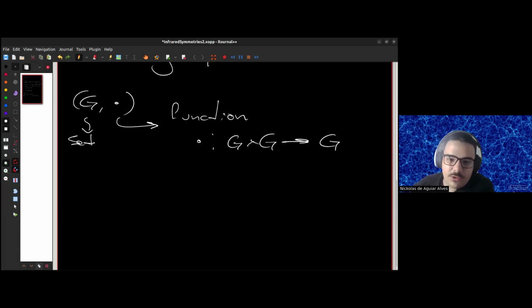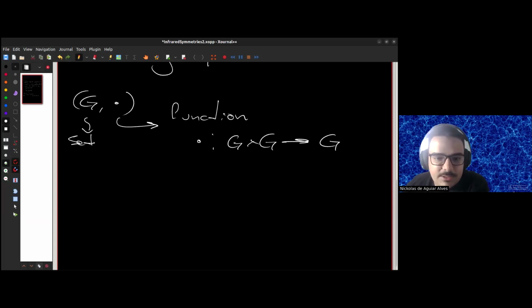This function is sometimes also called the product, the group operation, and so on. The terminology varies a little bit, but it's usually quite intuitive. We're going to use whichever name is convenient. We usually call it product.